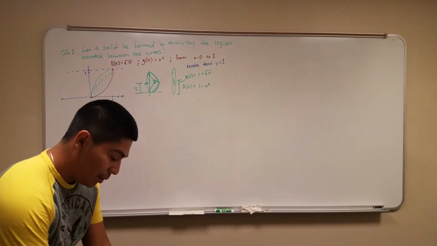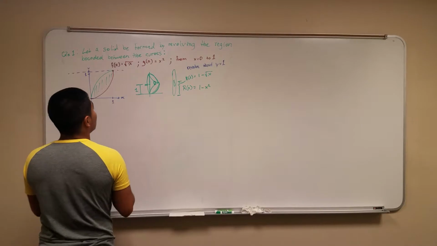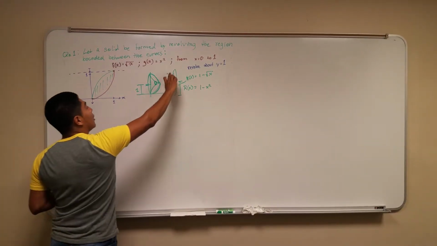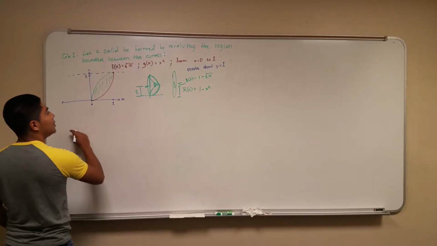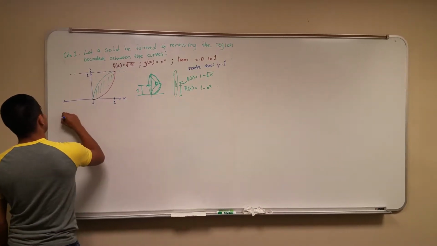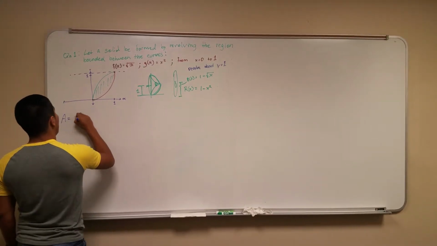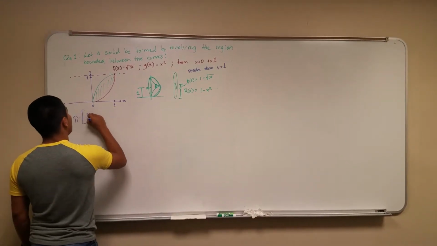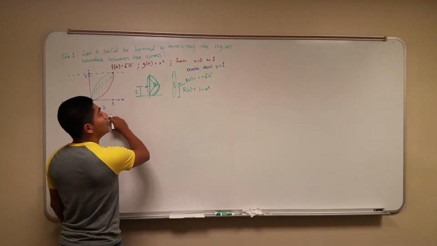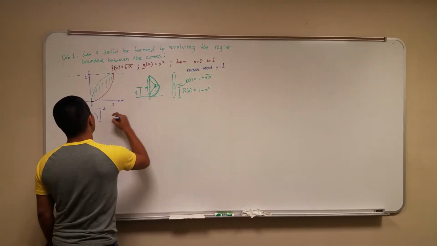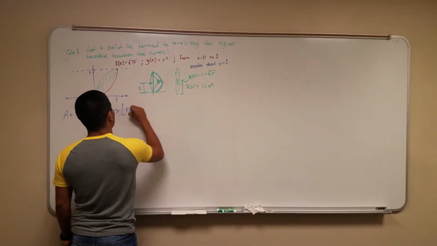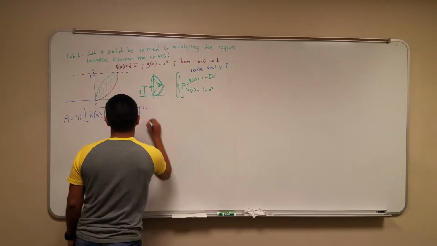With that being said, we can start by solving our cross-sectional area here. So the cross-sectional area A is equal to pi times big R of x squared, and then we're subtracting the inner radius, so it's minus pi little r of x squared.